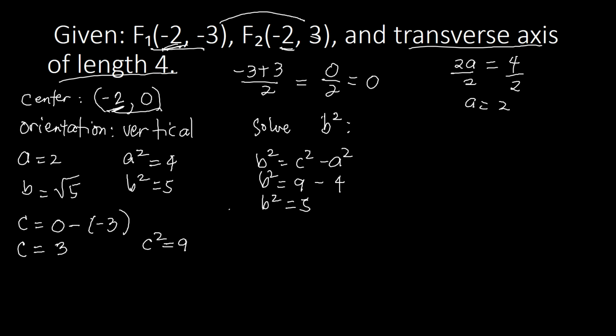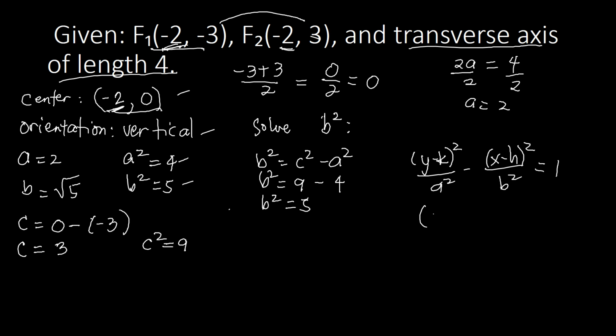So from this information, we've got the center, the orientation, and then we've got A squared, B squared. We can now write our standard equation of the hyperbola. Since that is vertical, we start with y minus k squared over a squared minus x minus h squared over b squared, that's equal to 1.